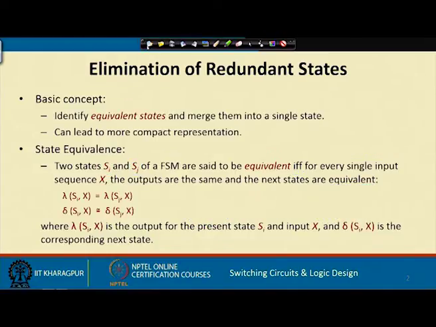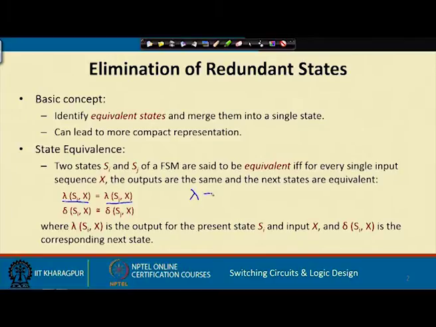Now, mathematically speaking, if lambda denotes the output function, that is saying that the output when you are in state S i and input is x must be the same as the output when you are in state S j and the input is x.